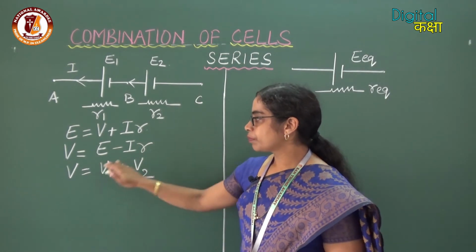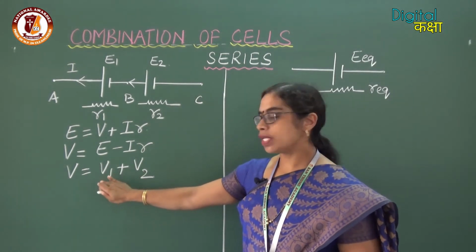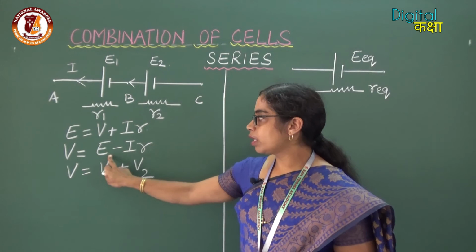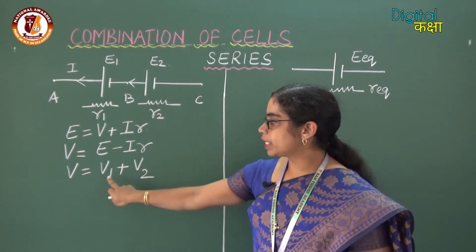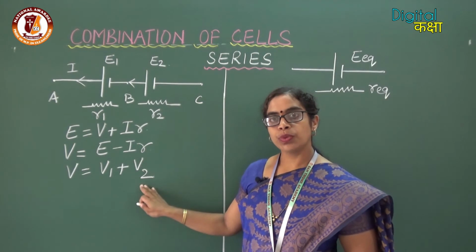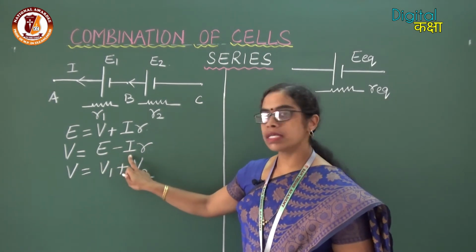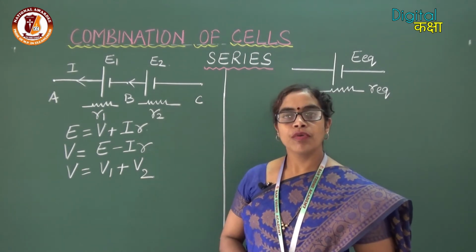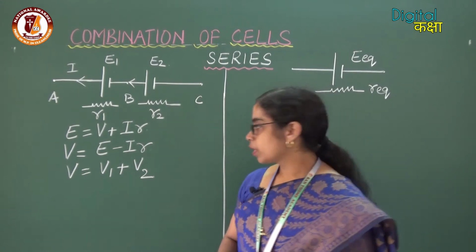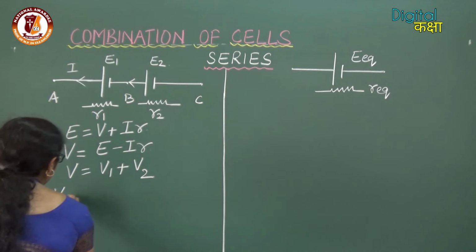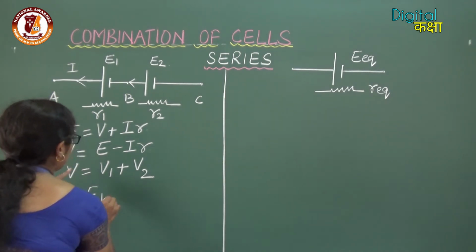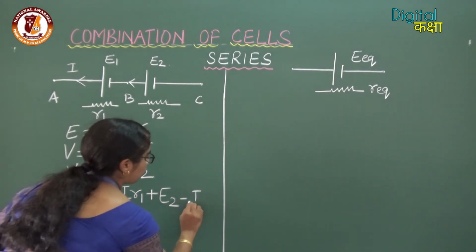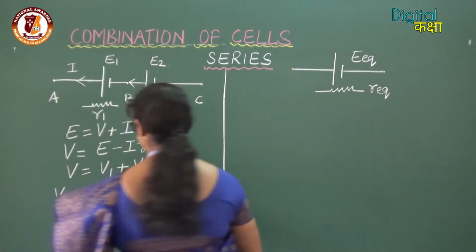Using this relation, we can substitute the values individually for both the cells, and I can write E1 minus IR1 in place of V1, and for V2 it can be written as E2 minus IR2, that is the values of the potential differences for both the cells one by one. So after substitution, V is equal to E1 minus IR1 plus E2 minus IR2.